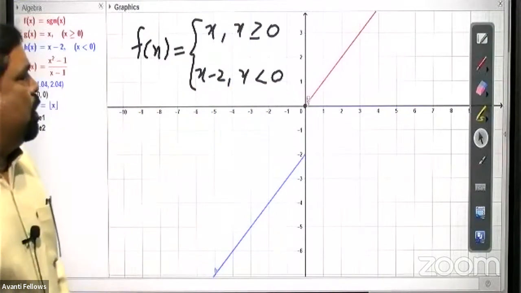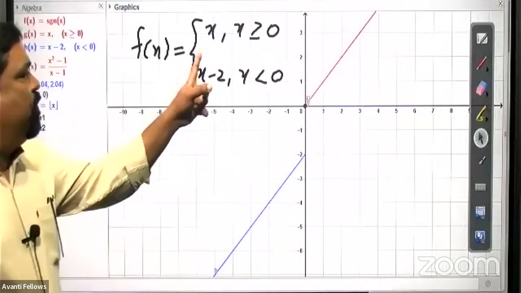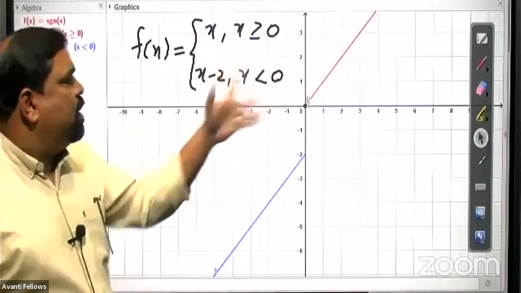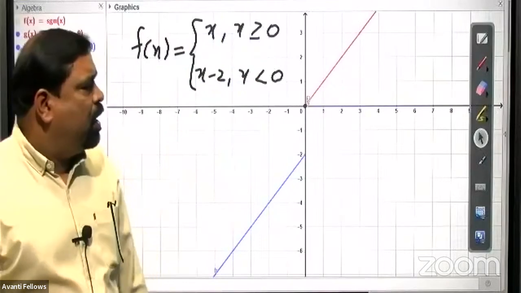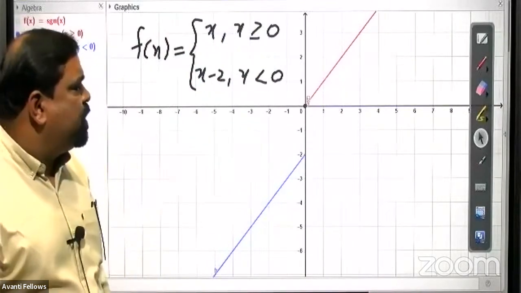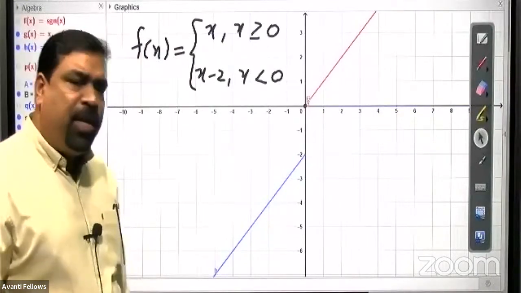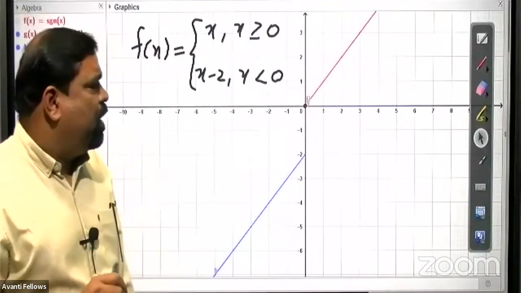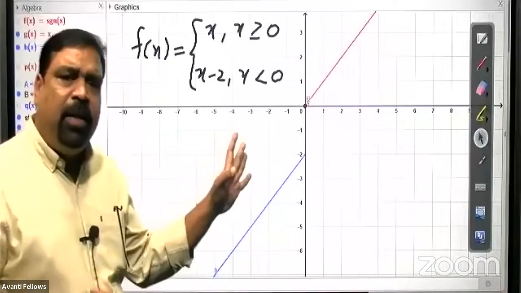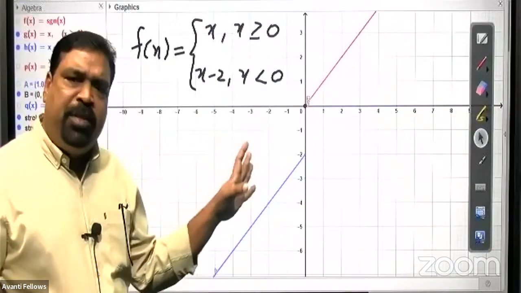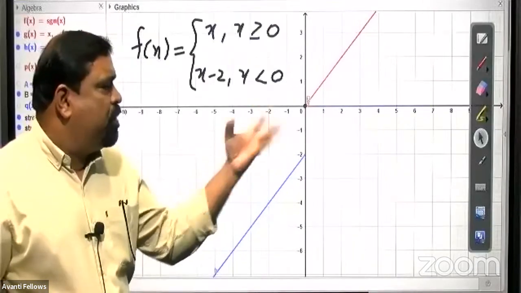So very clearly from the graph, what you can observe? Very clearly we can observe in the graph there is a break at the point 0. The graph is not continuous at the point 0. Very easily we can observe it from the graph itself.